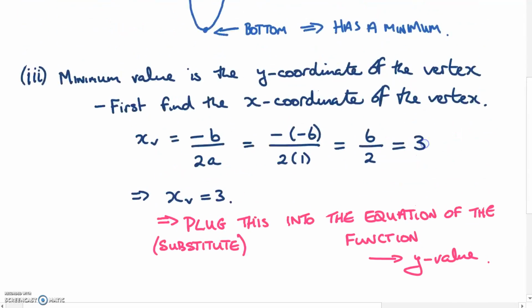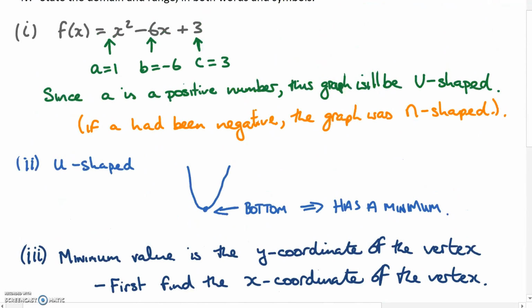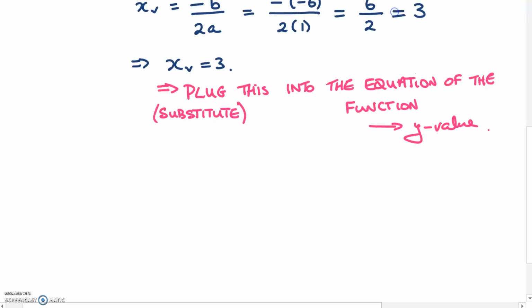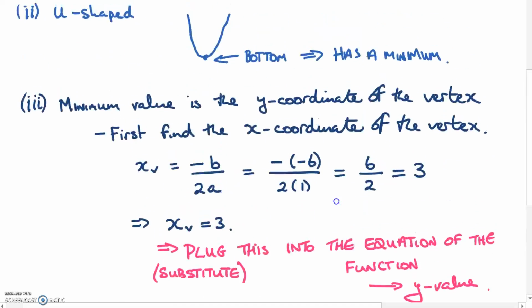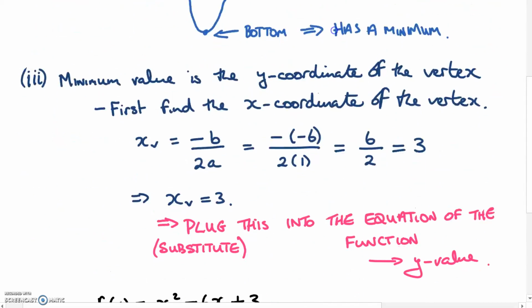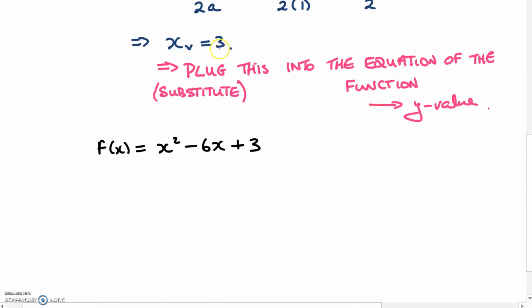Okay, so let's go back and look at the question. F of x equals x squared minus 6x plus 3. Let's just check that that's right. X squared minus 6x plus 3. And we're now going to substitute in the xv value.